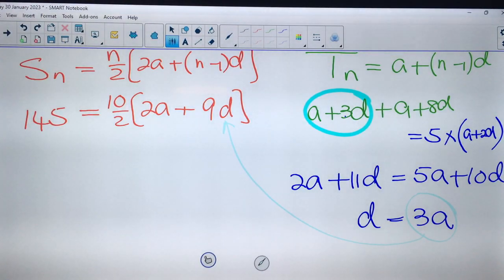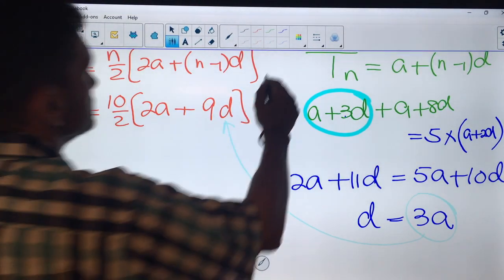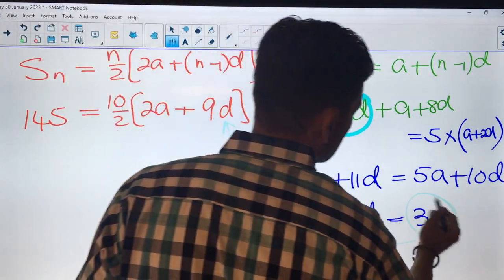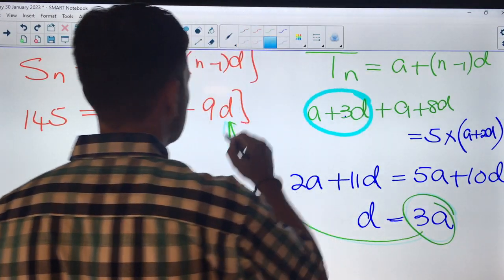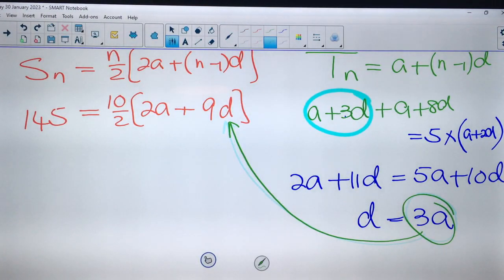I can substitute in there. I substituted into D over there. Now I'm going to have only A. So that's substituting 1 into 2, and that's equation 1 and that's equation 2.